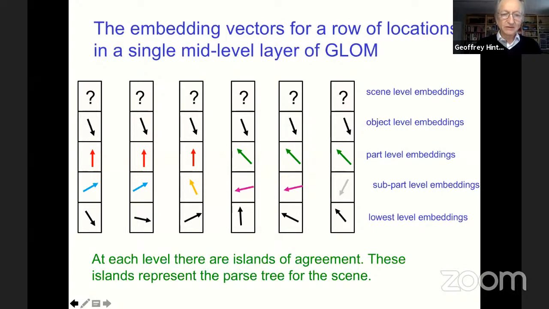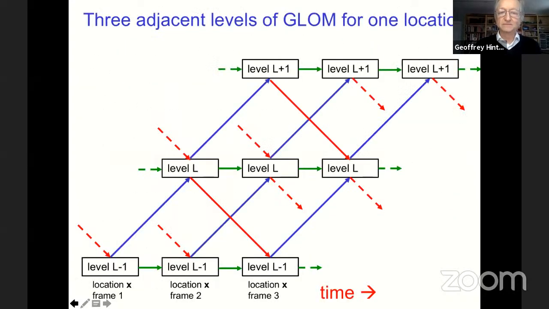I'm going back some more now. Let's take the rightmost level L here. That level L is getting three influences. Within the same location, there's the bottom-up net that's applying a coordinate transform to what's at level L minus 1 and making a prediction for the larger thing you should find at level L. The top-down net, the red arrow, is applying a coordinate transform to whatever is at level L plus 1 and making a prediction, say, from a face to a mouth.